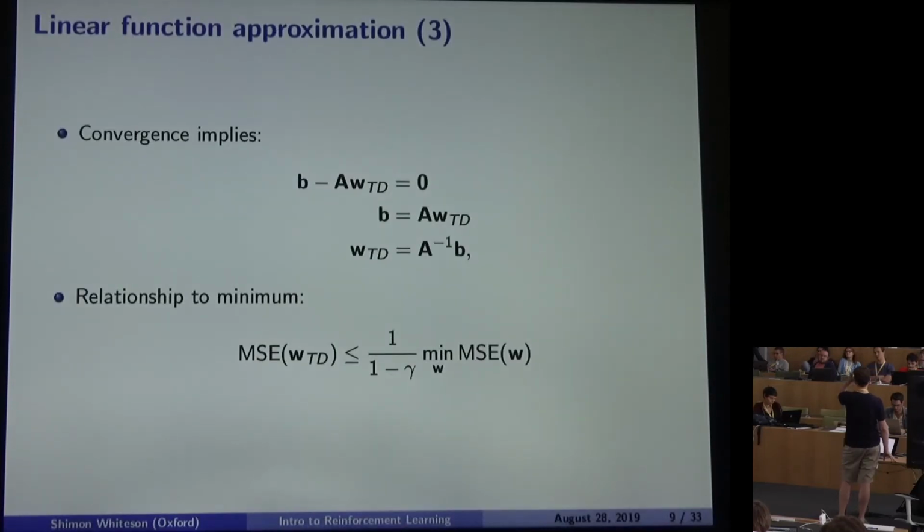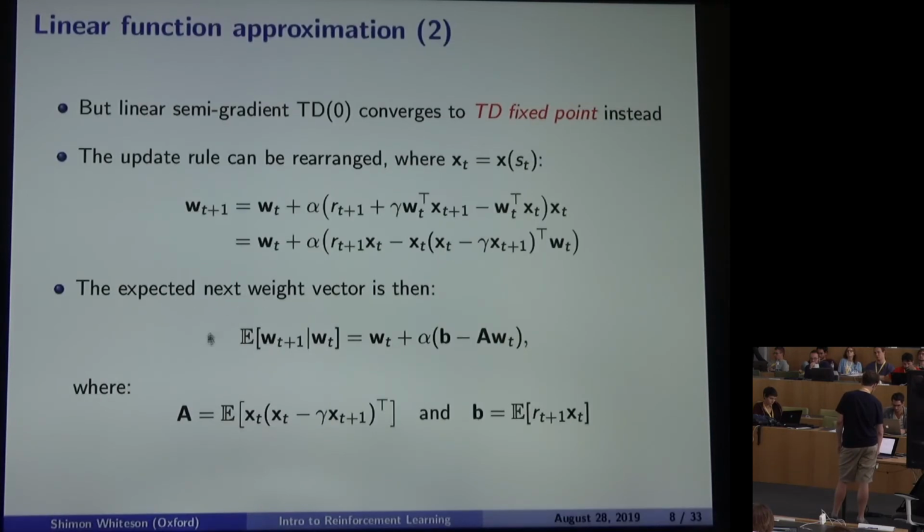Now, we can use this rearranging to analyze what the TD fixed point is. Suppose we're doing this semi-gradient method with linear function approximation, we're updating, and then we reach convergence. If we have converged, then that implies that the expected update is 0. This is our expected update, right?